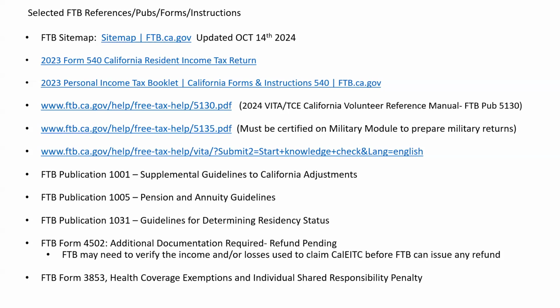And then that way, if someone comes in, whether they be an active duty military person or reserve component military, or if they have a very basic, a very simple Schedule E for rental property, then we can assist them. And I think I mentioned before, at my site at Coastline College in Garden Grove, all of our folks are typically certified on the military module. And so we can help out.